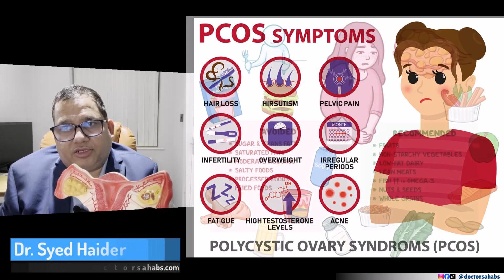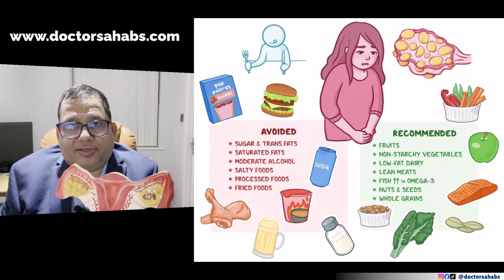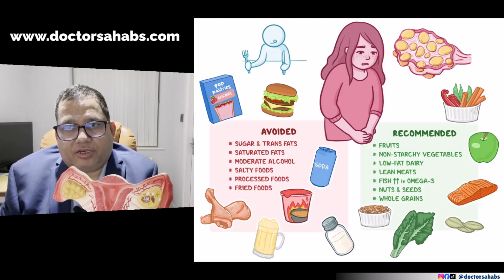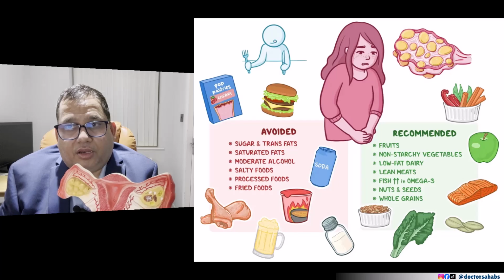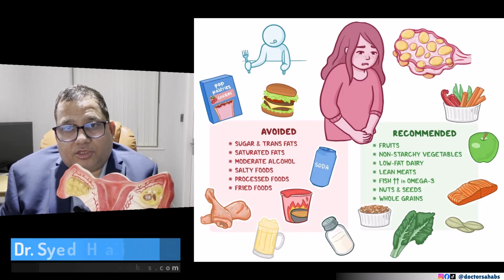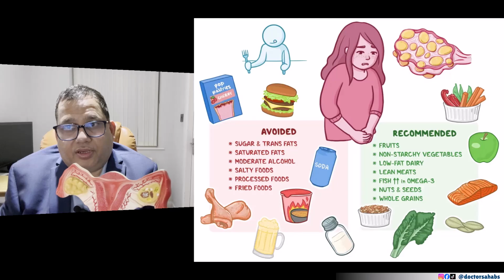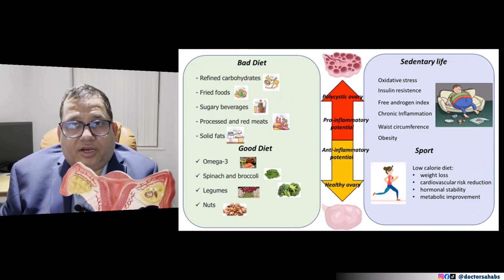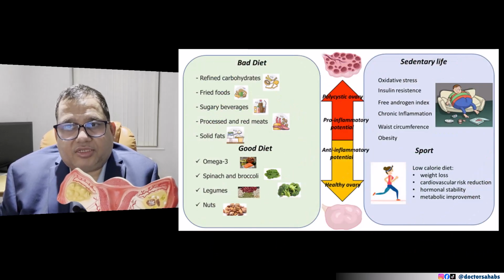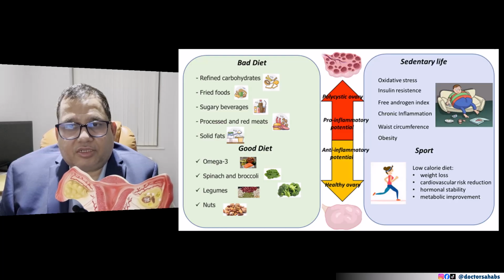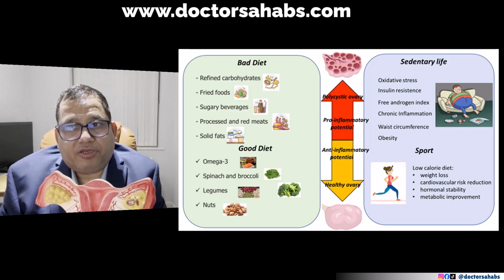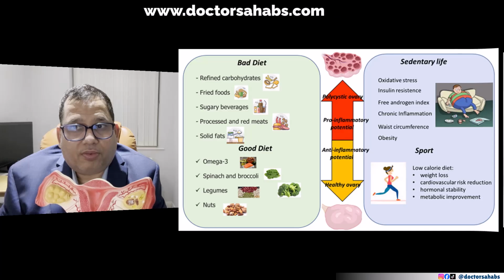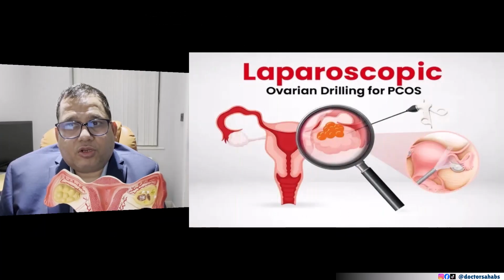If you lose weight, eat a healthy and balanced diet, and do some physical activity and exercise, some of your symptoms get better. Some medicines are also available to treat the excessive hair growth, irregular periods and infertility problems. And some surgical options are also available.